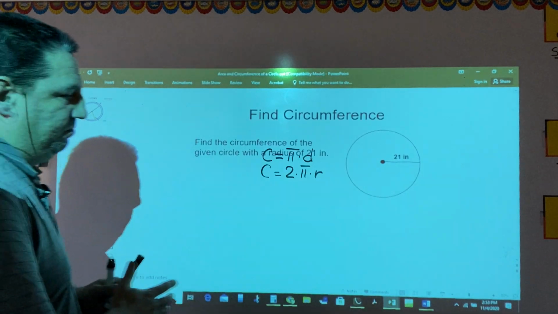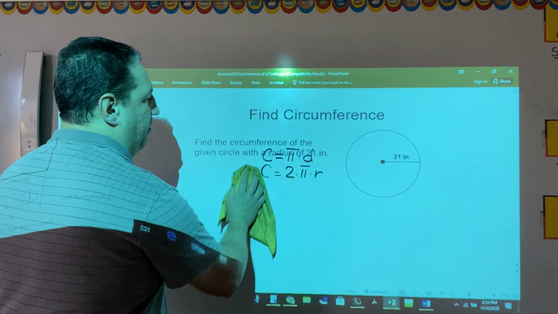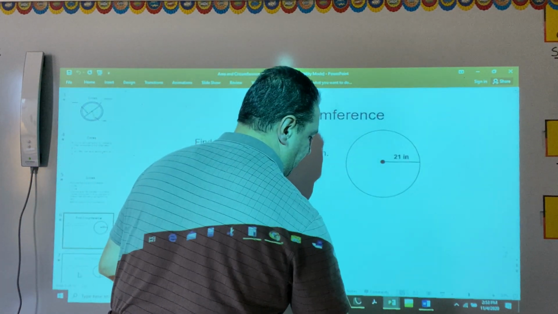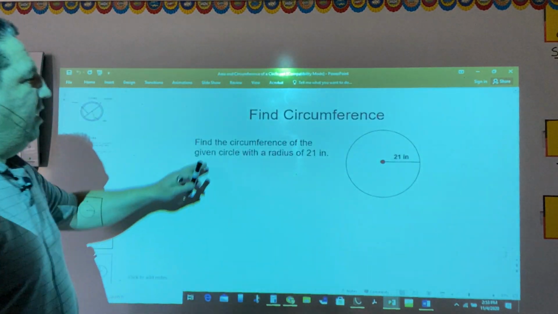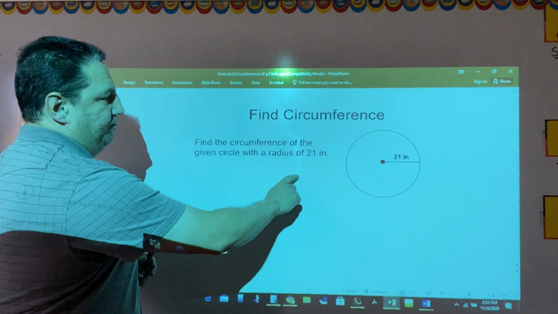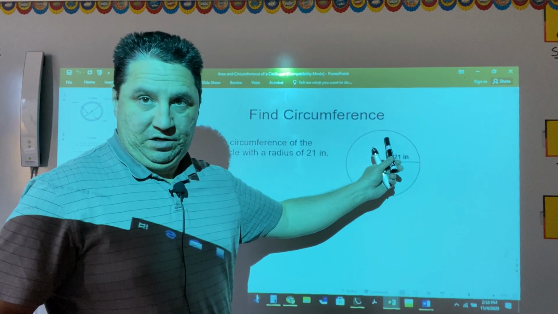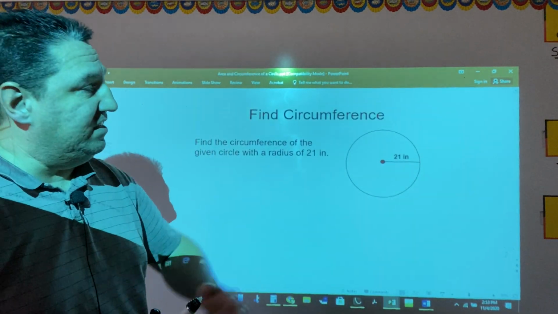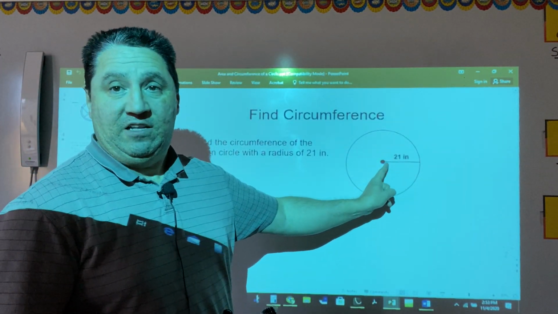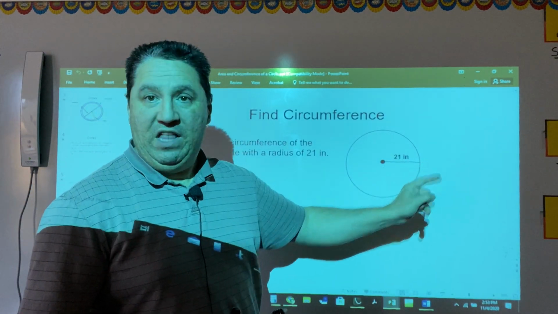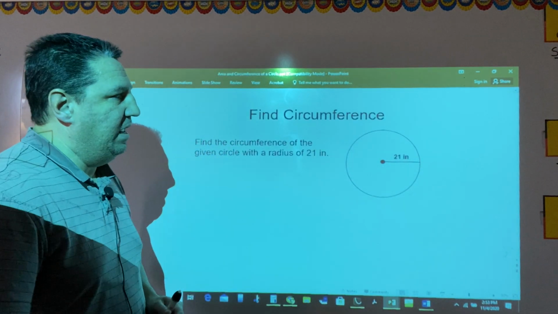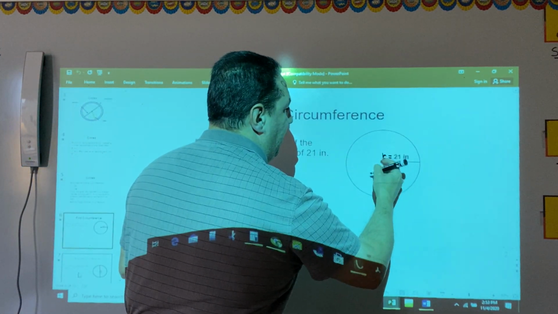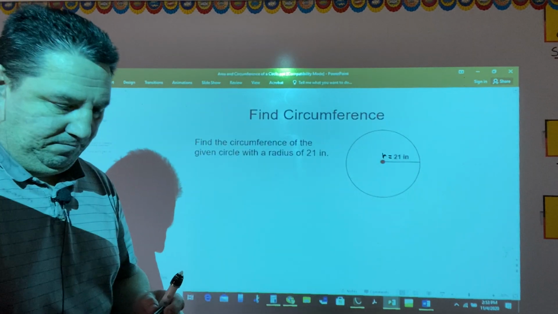Let's have a few problems with finding the circumference of a circle. In this example, we have a circle and its radius. Why is it the radius? Because this segment joins the center of the circle with a point on the circle. So r is given and is 21 inches.